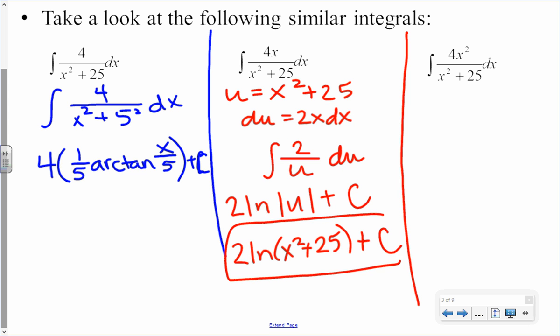Why? X squared plus 25 is always positive, so it's not necessary to put it on there. It's kind of being redundant. I don't care if you are redundant. I'm just fine with it. Okay, but I just want you to know that it's not a big deal in this case.